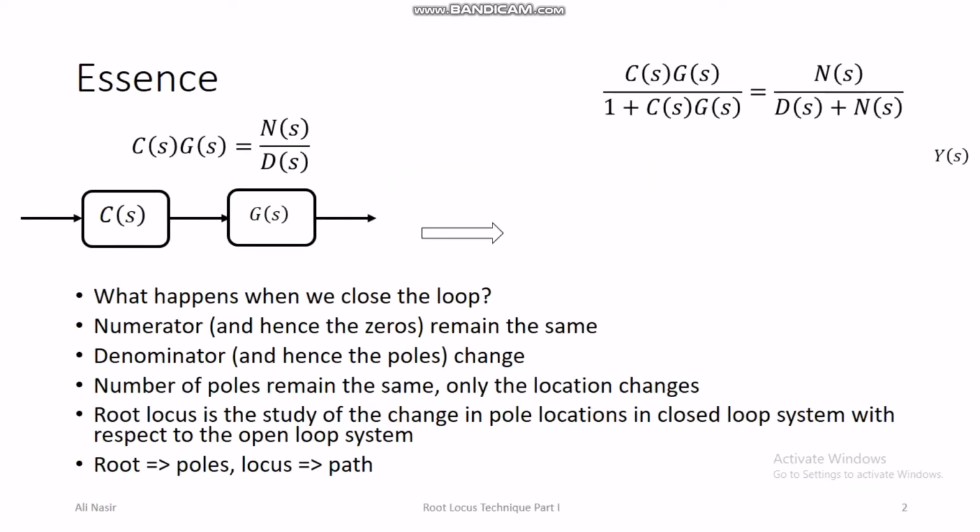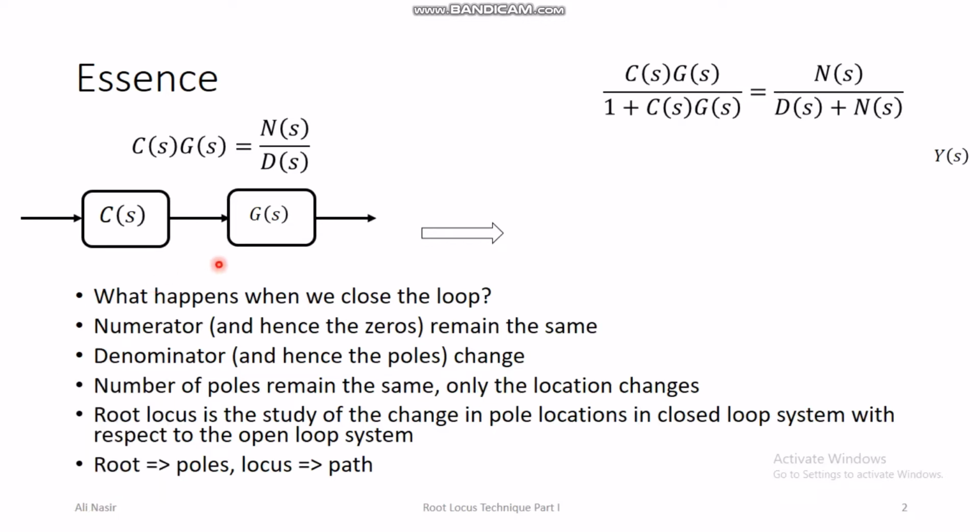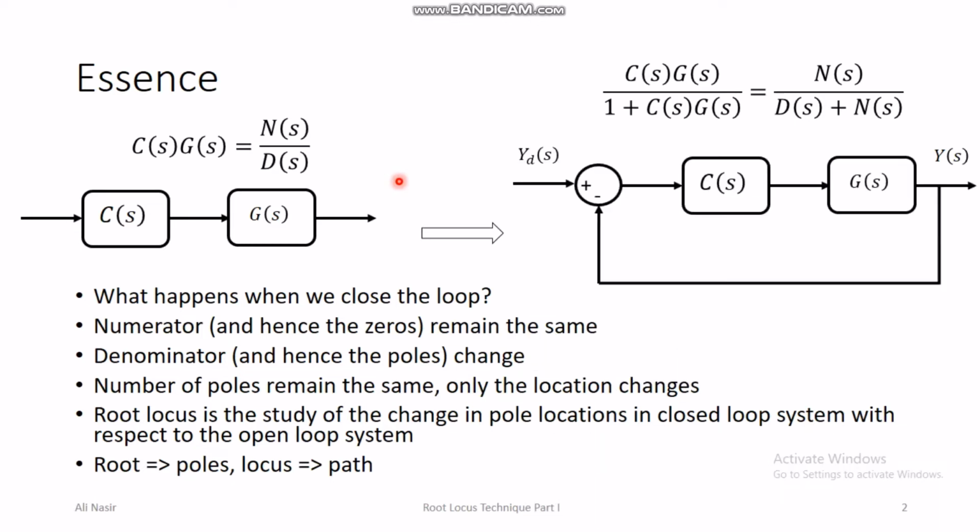So what is the essence of root locus? The essence of root locus is that you have an open loop system, and then you apply the controller to this system and close the loop.